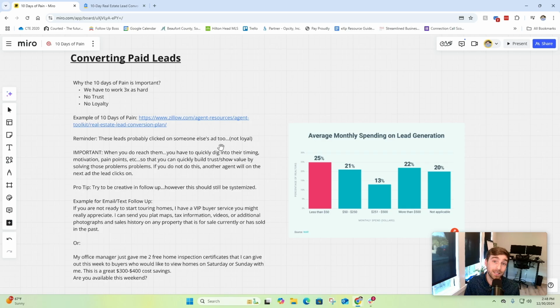You've got to do your best to build that trust and that loyalty in the first substantial contact that you make with that lead. And so we've got to dive very heavily into their timing, into their motivation, into their pain points, so that on that initial call, even if they are months or years out, we are able to solve their problems, solve their pain points, make sense of their timing and their motivation, and book the next appointment so that we can ultimately convert that lead.